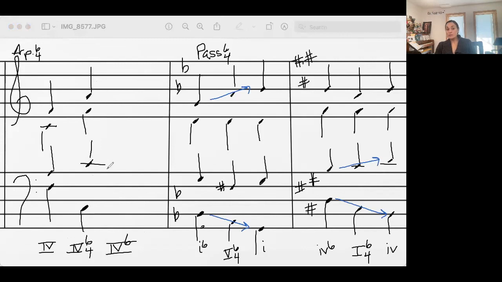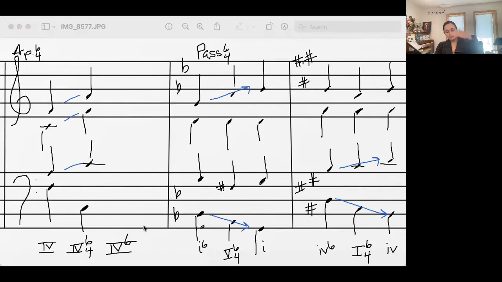We almost have a voice overlap. Same here. We are literally arpeggiating the top three voices, so we're going there, there, there. We're just shifting the chord up, and that's a characteristic of an arpeggiated 6/4.